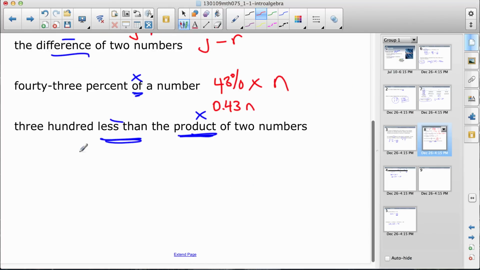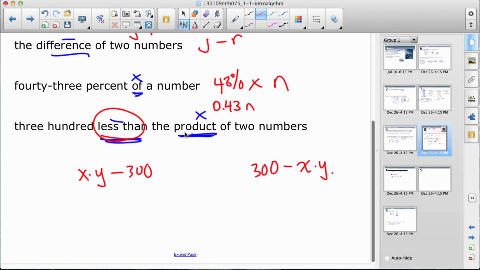And the last one, 300, oh, there's one of those less than's. I have to worry about the order. 300 less than the product of two numbers, let's call them x and y. So x times y, and 300 less than that, so x times y minus 300. Or is it 300 minus x times y?